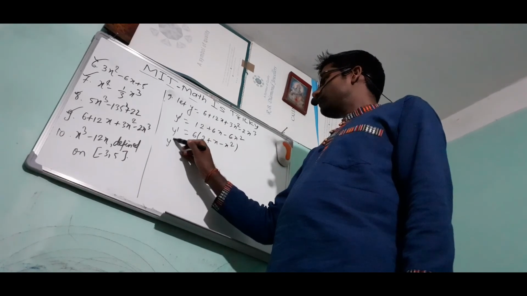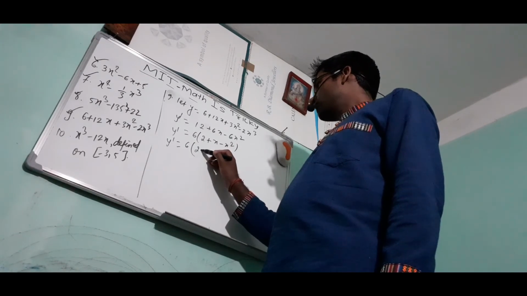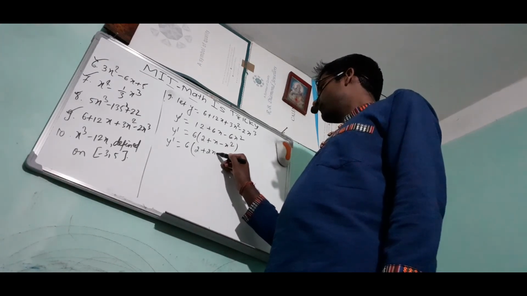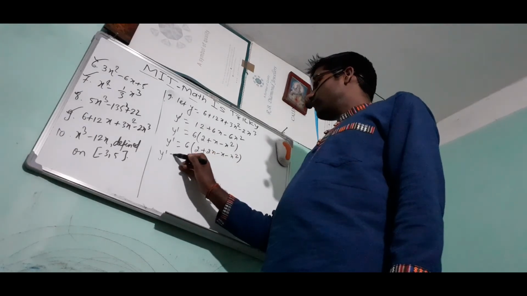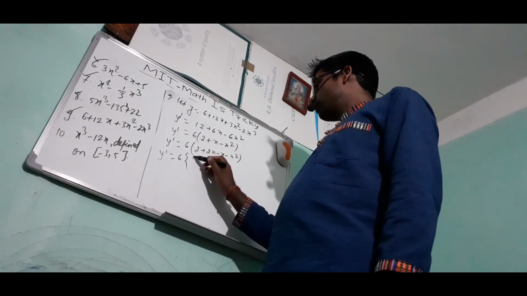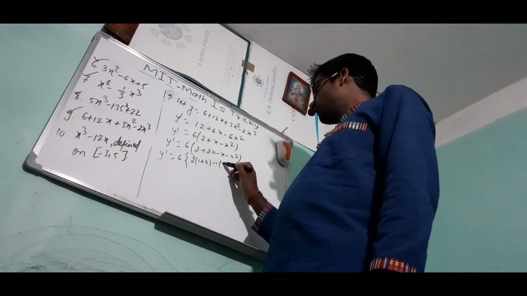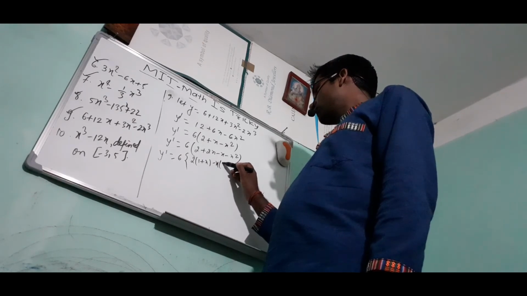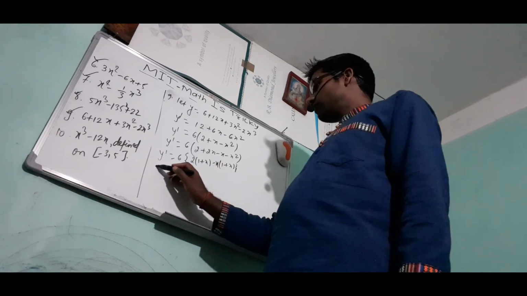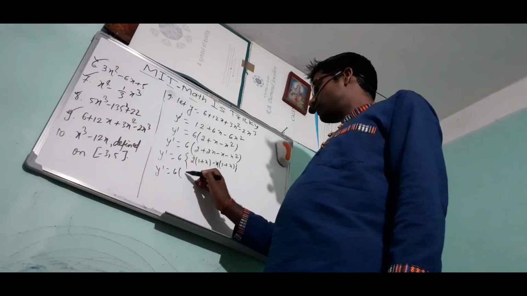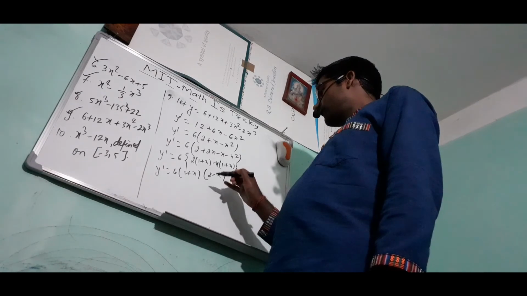Let's simplify this further, we can factorize this, 2 plus 2x minus x square. If you simplify, we'll be getting 6, and then taking minus common, x common, it is 1 plus x. So we can write y dash equals 6 times 1 plus x times 2 minus x.